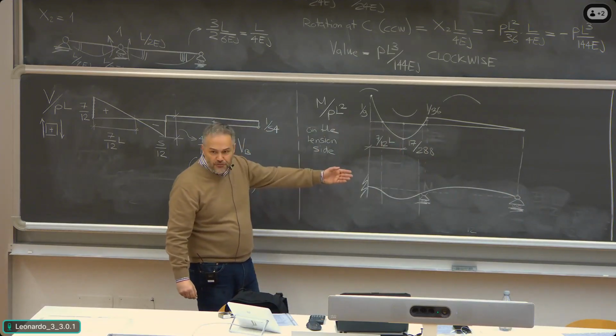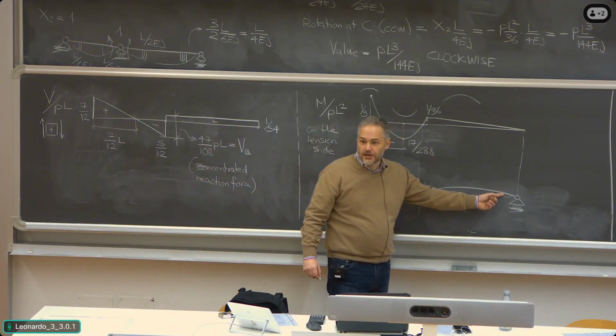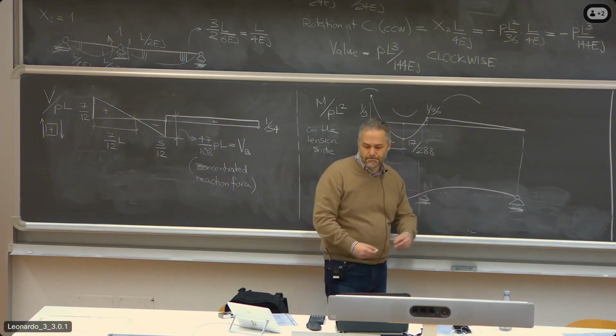As you see, this deformed shape is consistent with all the requirements I have, and as a matter of fact, you see a clockwise rotation, as it should be. Okay?